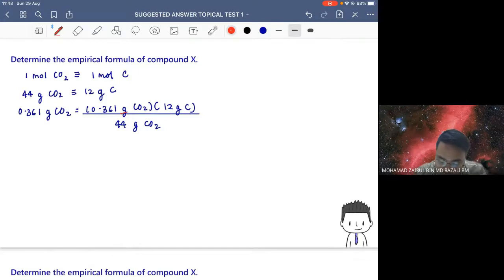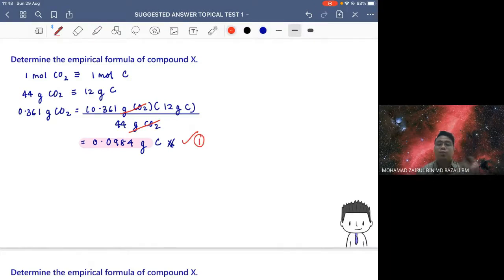So kita boleh cancel out gram of carbon dioxide. So your final unit mass gram of carbon. So kalau awak kira, the mass of carbon that you obtain is 0.0984 gram carbon. Okay, awak cari mass carbon ini, awak akan dapat 1 markah.